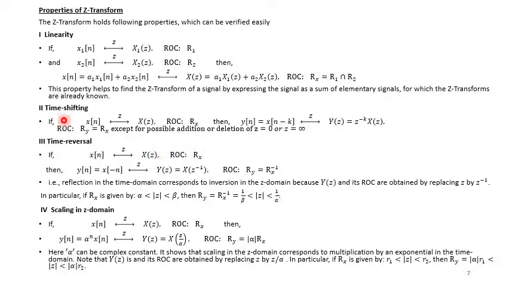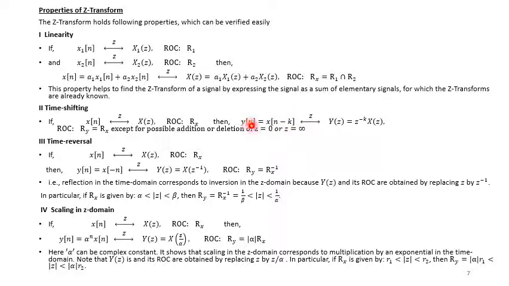Okay, the second property of the Z transform we are going to discuss is time shifting. A signal in the time domain is shifted by a factor of k if we have y of n equals x of n minus k. If k is positive, then we say it's the delayed version of the input signal.